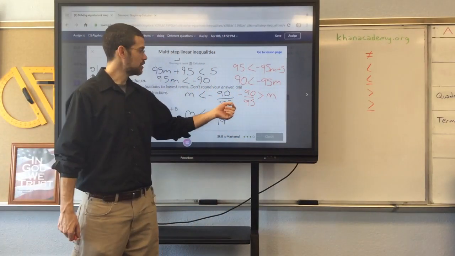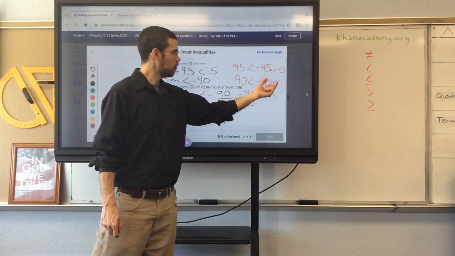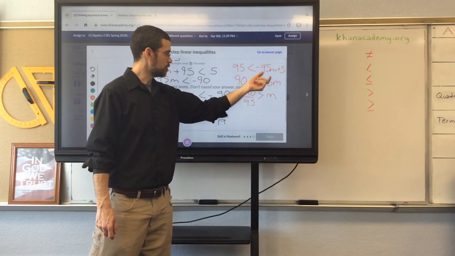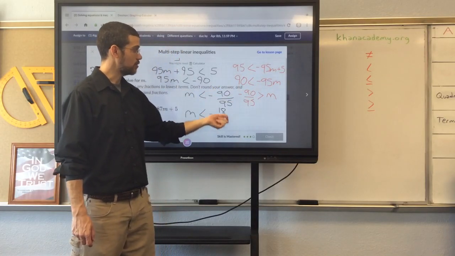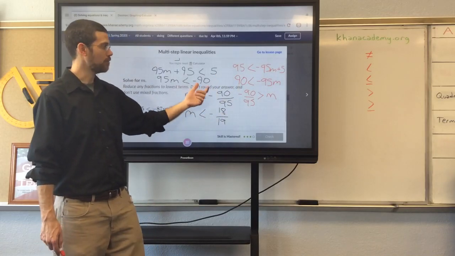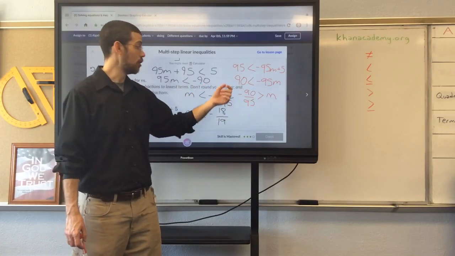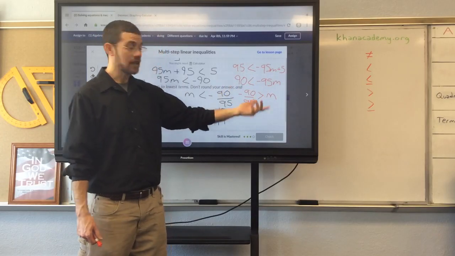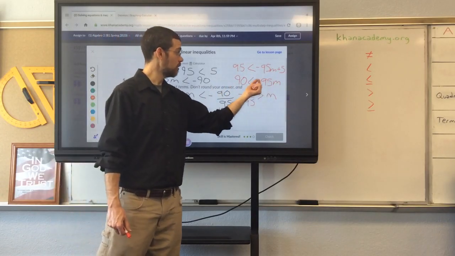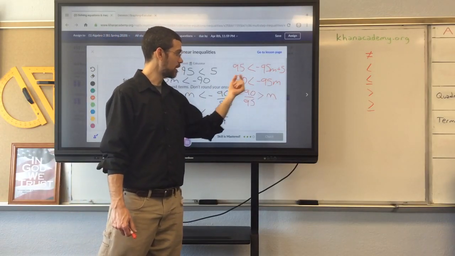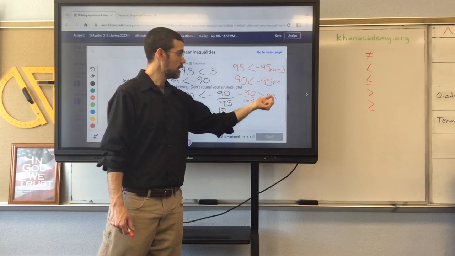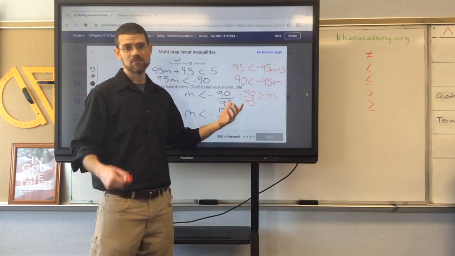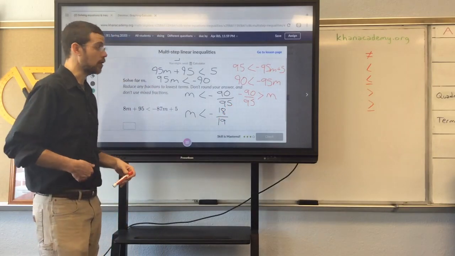Because what you're saying essentially is the opposite of this number is greater than that number. Well, if the opposite is greater, then the number itself must be less than, right? If the opposite of m is greater than that, then m must be less than that. That's another way to think through the logic.